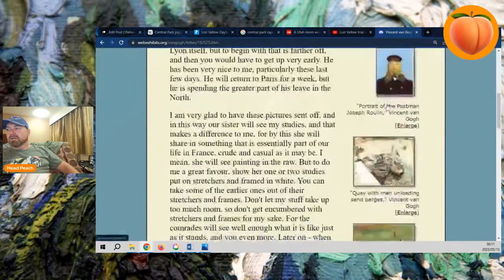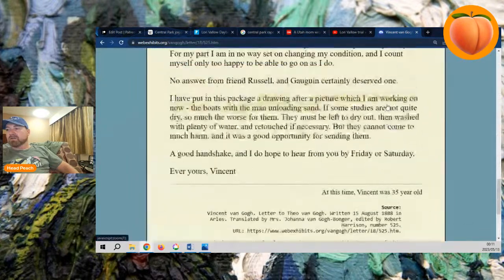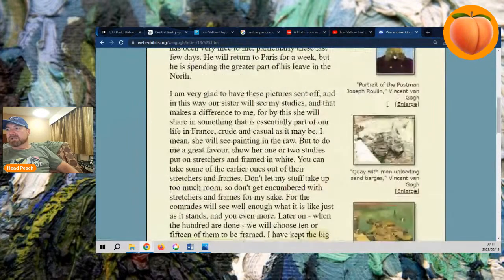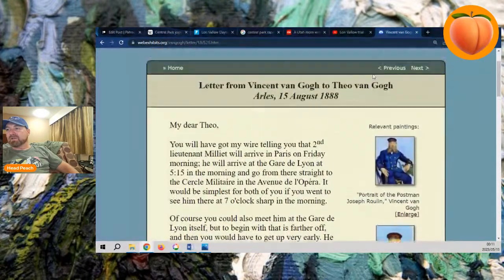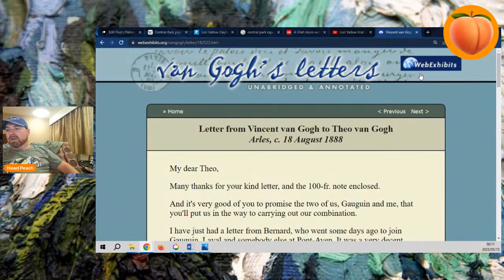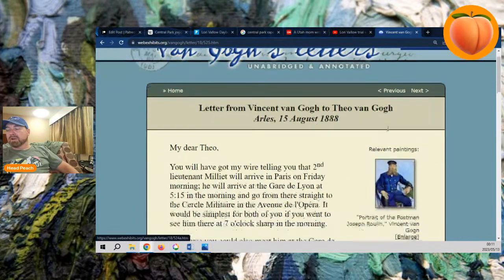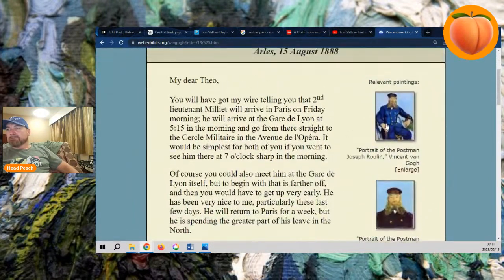And then I think this is not a very long letter, so we'll quickly do this letter from also the 15th of August, and then we'll call it a day. I'm going to try and do Van Gogh letters.